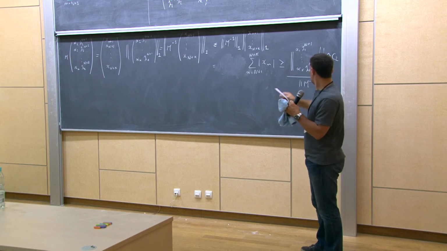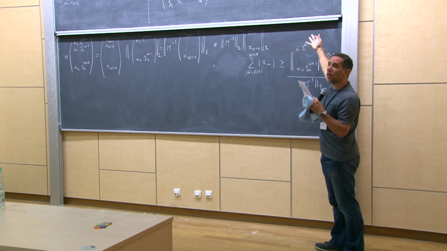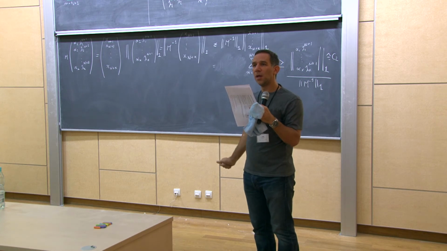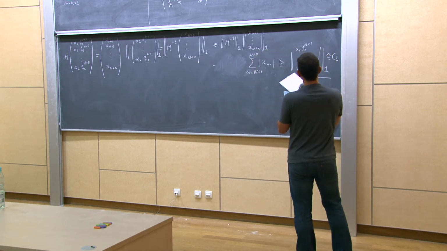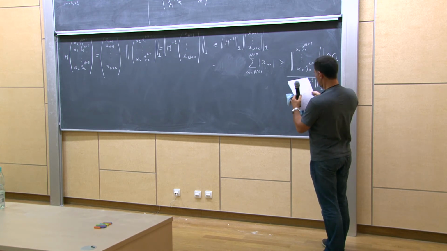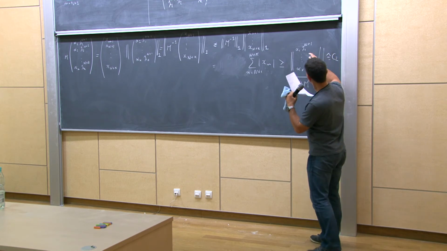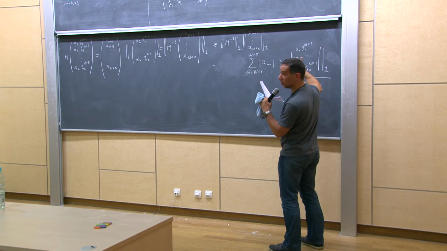This cannot be 0 because these guys cannot be 0, and the one norm is a sum of absolute values. It appears to depend on n, but it doesn't. That's a very good point. So that's not quite right. Thanks very much. I'm going to do one more step.